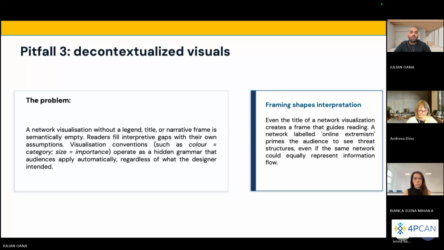But just placing a visualization without anything, no legend, no title, can make the visualization semantically empty. People will struggle to understand what's there, and they could lose interest, or they could go to the wrong interpretation.